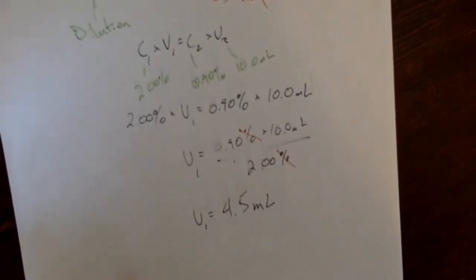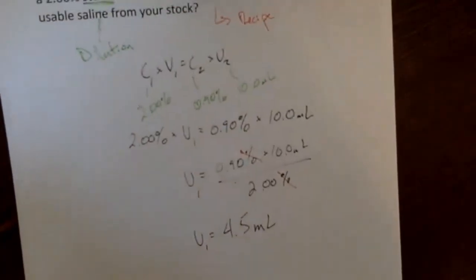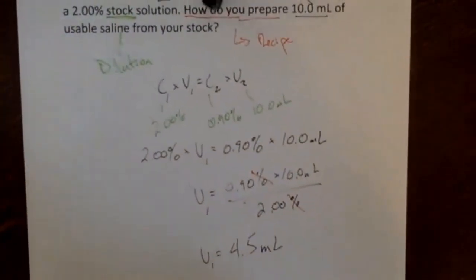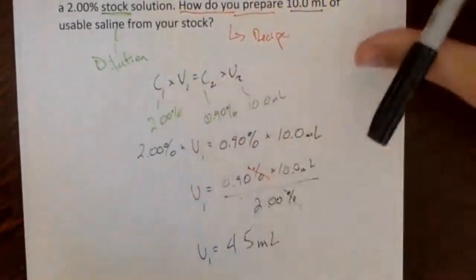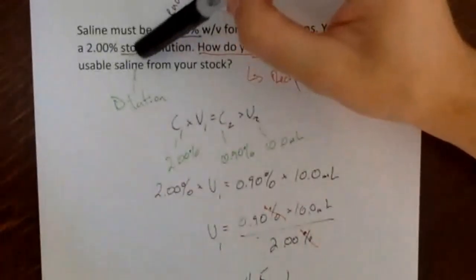If we go back to our question, how do you prepare this solution? We have a number here, we have a V1 of this stock solution.